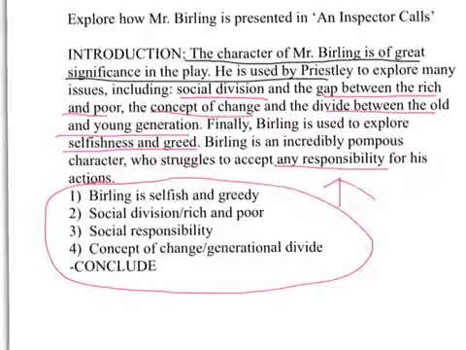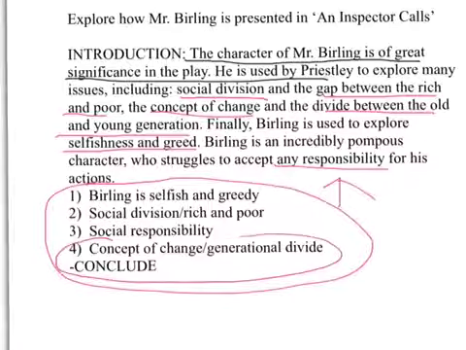Now, the only difference is that I've ordered them from what I consider to be my weakest or most simple point to my most powerful, hard-hitting point that links to themes and links to context and links to the ideas of the writer. So my most important idea is going to be the concept of change and generational divide. So I'm going to leave that to last because I like the idea of building through an essay. In other words, starting off with your most simple point and building through to your most powerful point.